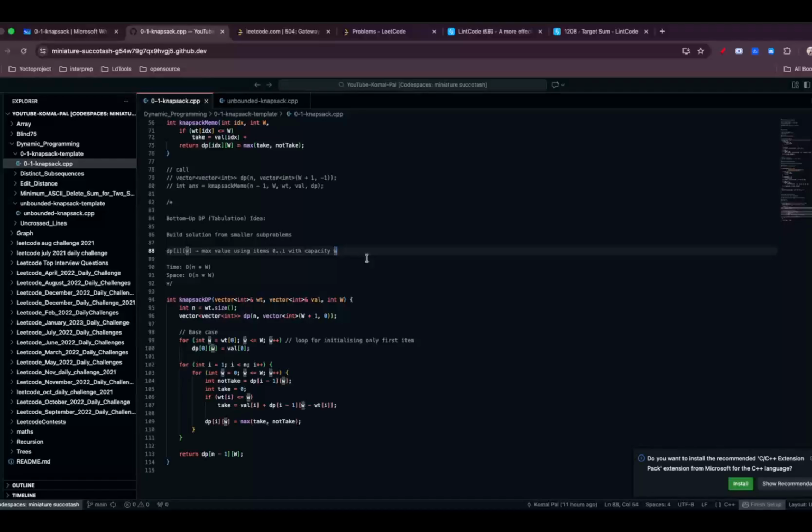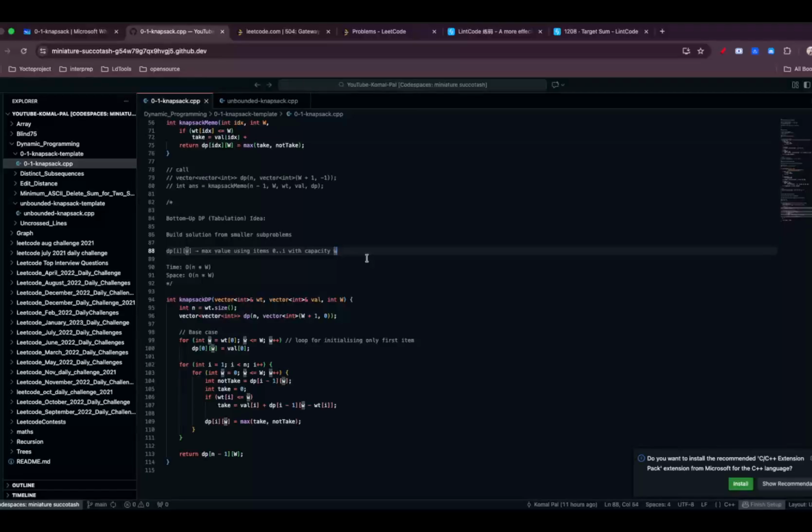Because of that, our state is that at a particular moment, what is the maximum value from 0 till the ith index we can attain for that particular weight W. It is not necessarily the maximum capacity of the knapsack, but maybe that or lesser than that, because the knapsack capacity also changes as we subtract from it.